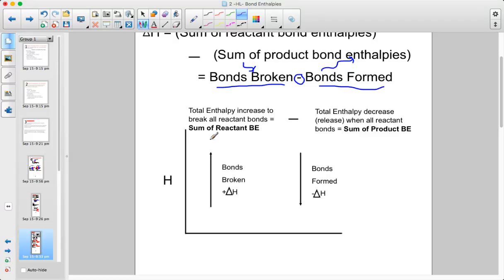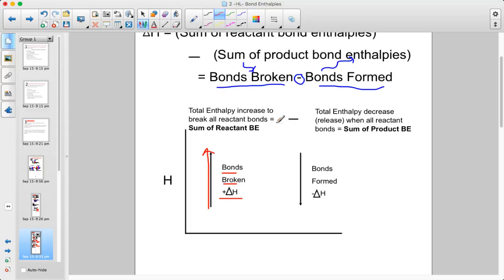Why do we need to put in energy? Well, when you want things to react, you first have to supply enough energy to break enough of the reactant bonds to get the reaction happening. So you always draw enthalpy level diagrams going up first, because the first thing you have to do is break bonds, and that's always positive.